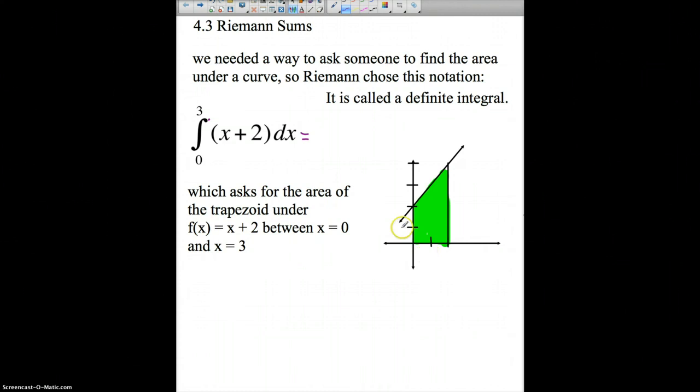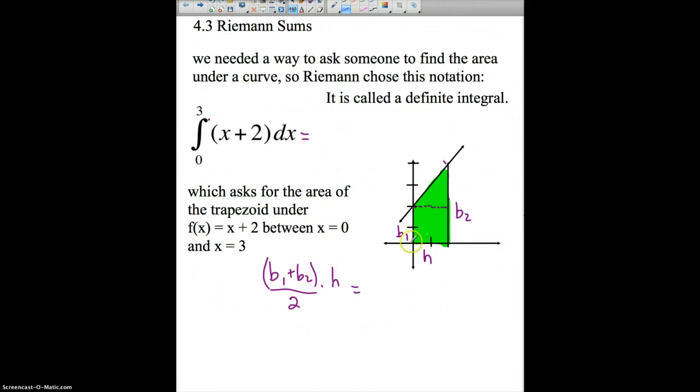You can talk about this being base 1, and this is base 2, and this is the height. So it's like we have a trapezoid on its side. And the area of that is base 1 plus base 2 divided by 2 times the height. Or we could break it up into a rectangle and a triangle, but let's just use this formula.